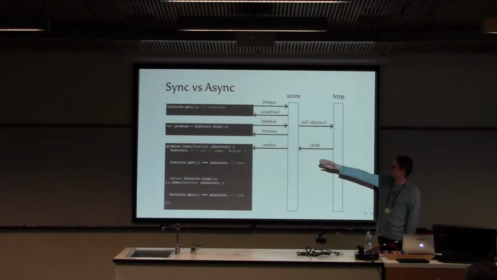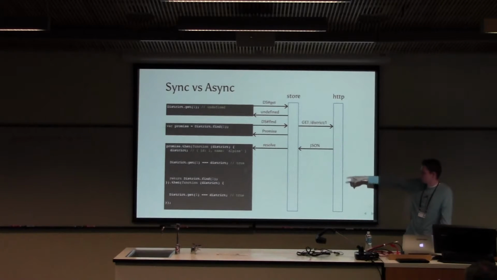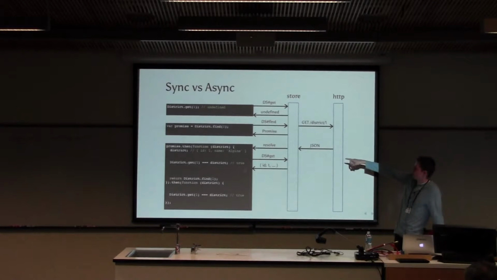So the promise resolves with whatever item you're trying to find, and then down here where I do district.get, it's that same synchronous operation that I performed at the very beginning, except this time it actually returns what's in the store already. And notice that the district the promise resolved with and the return value of get are strictly equal, because it's the same item. It just returns what is in the store already for you.